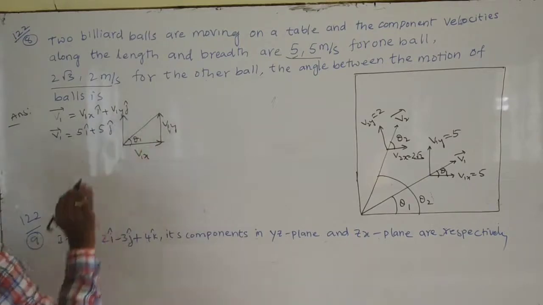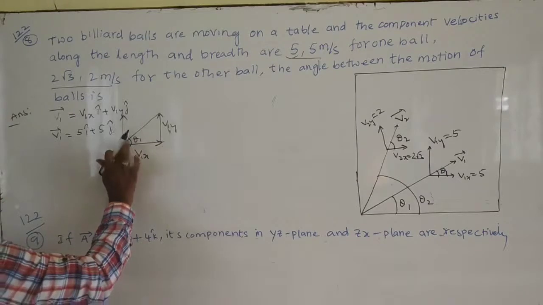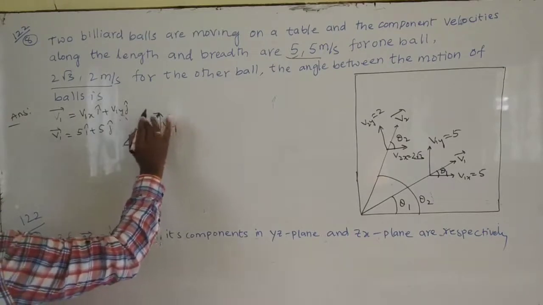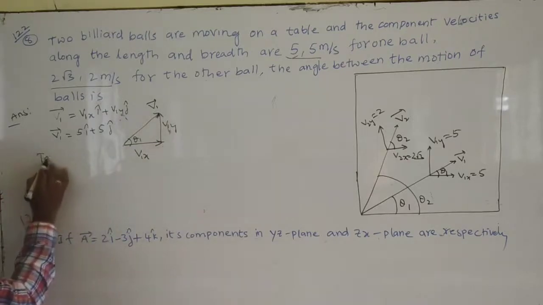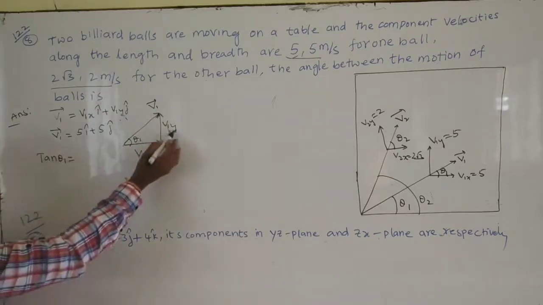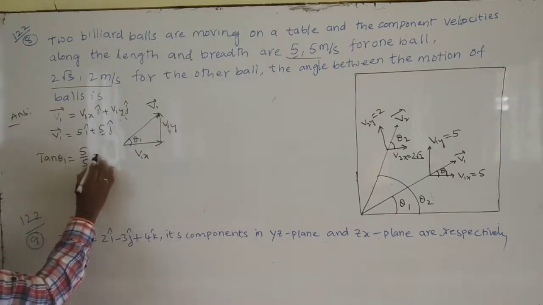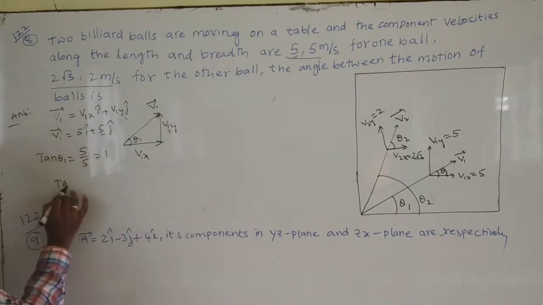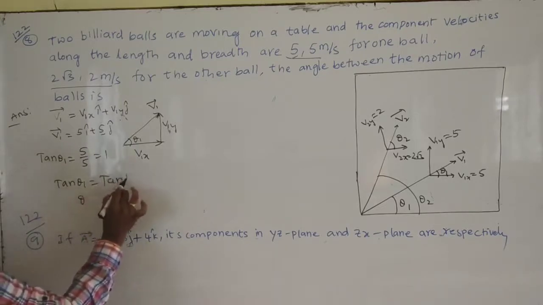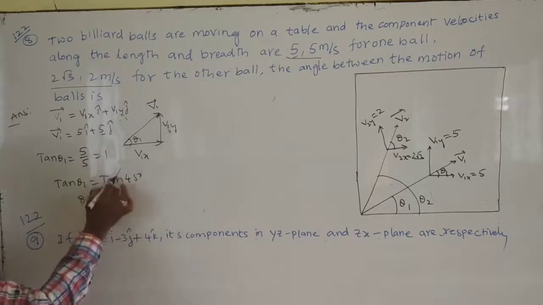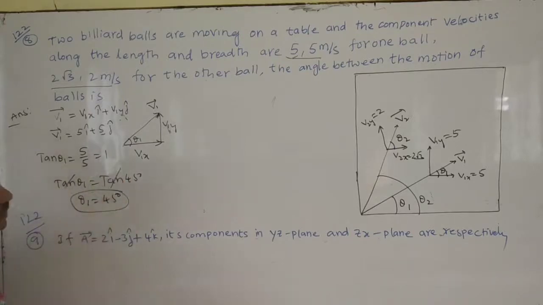We can also take it by displacing the vector. This is V1 bar. Now tan theta 1 is opposite side by adjacent side, 5 by 5, which equals 1. So tan theta 1 equals 1, and theta 1 equals 45 degrees.